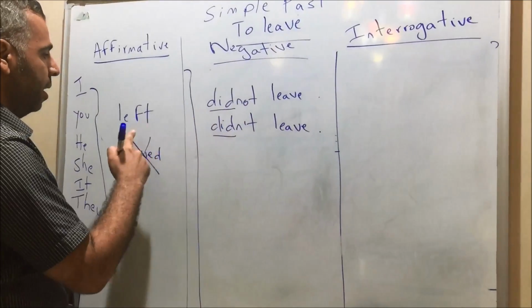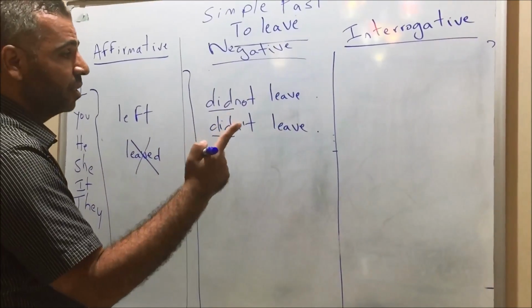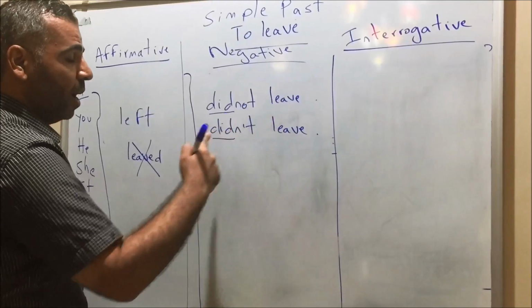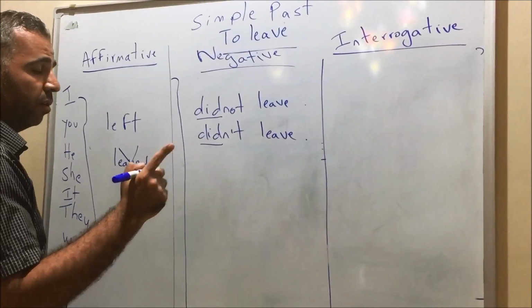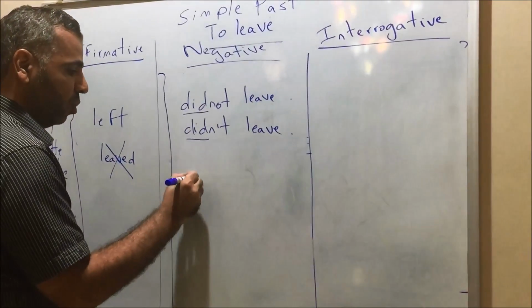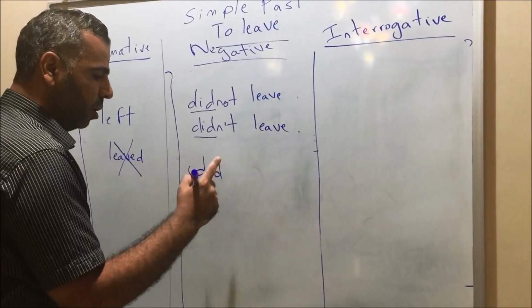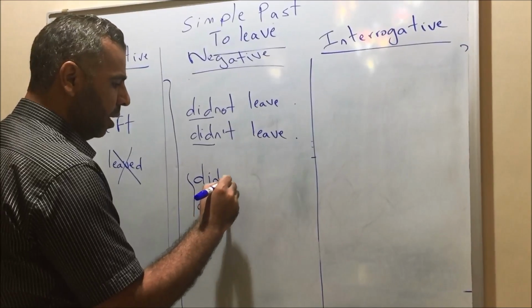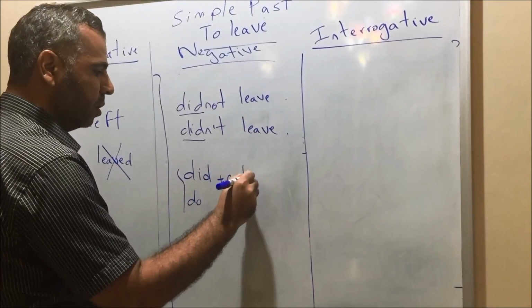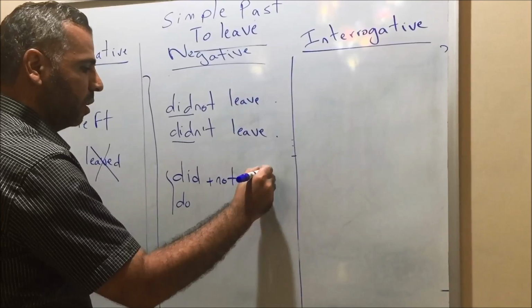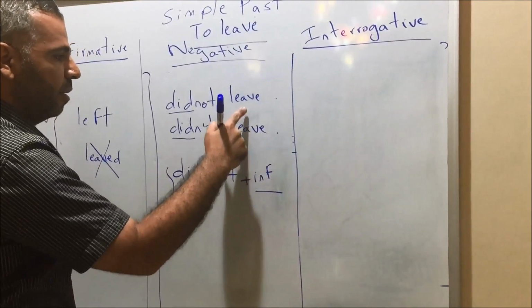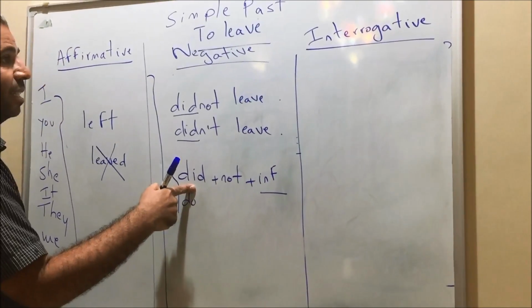We don't say he or I didn't left. After did, we use always the infinitive form. The rule will be this way: did, or it can be do in the present, plus not, plus infinitive. You keep always the infinitive form after did.